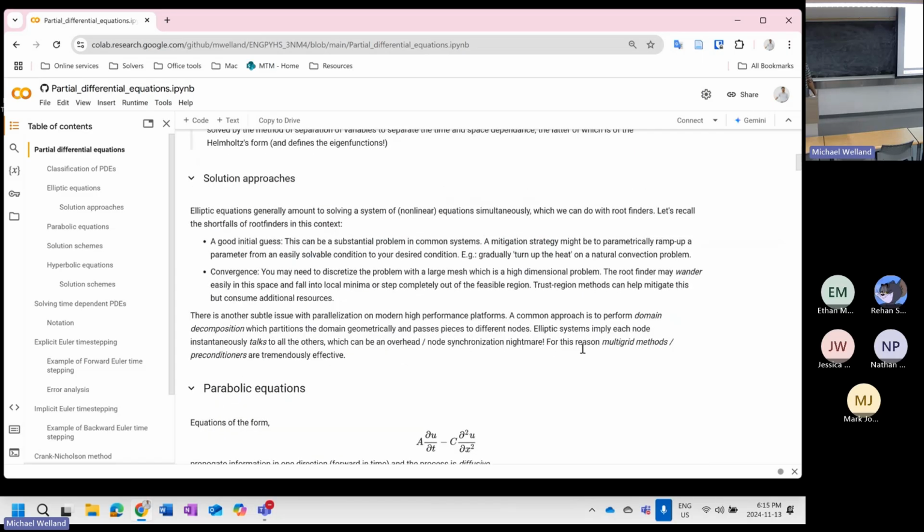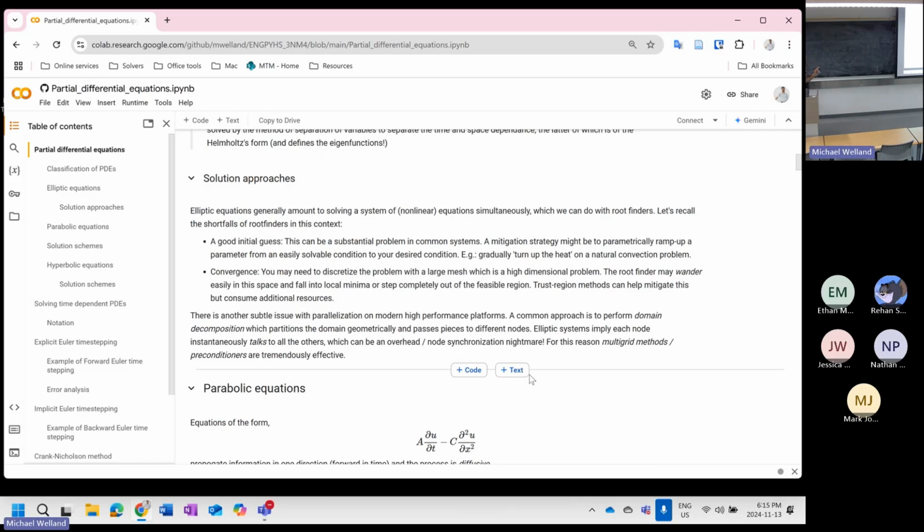Okay, solution approaches. Elliptic equations generally amount to solving the system of nonlinear equations simultaneously, right? We saw that with the boundary value problems because you know what's happening here. You know what's happening here. You just find some kind of consistent solution at every point inside your domain, right?